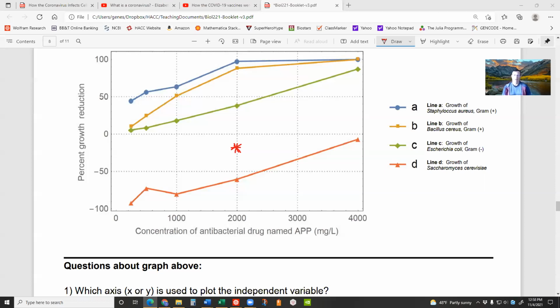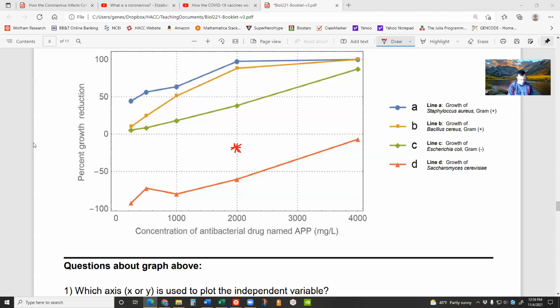Okay, so Rachel, remember that S. cerevisiae is not bacteria, it's yeast, which is a fungus, right? So S. cerevisiae is not a bacterium. Okay, hold on a second here.